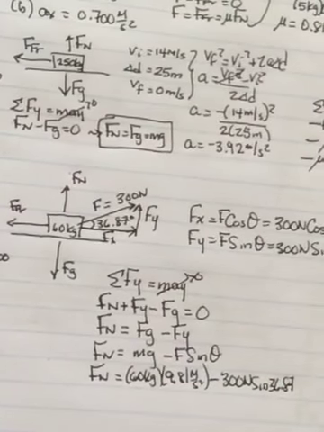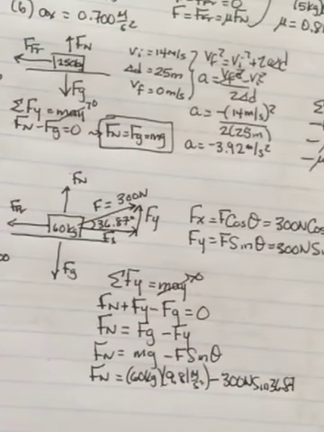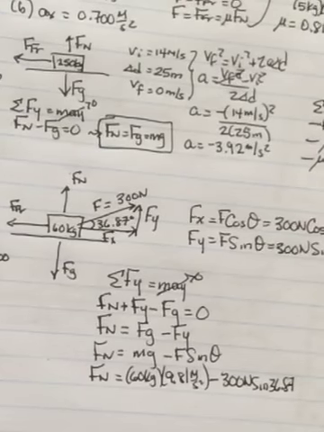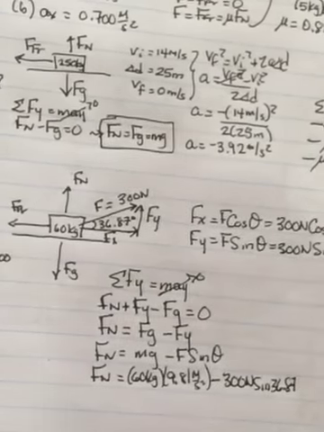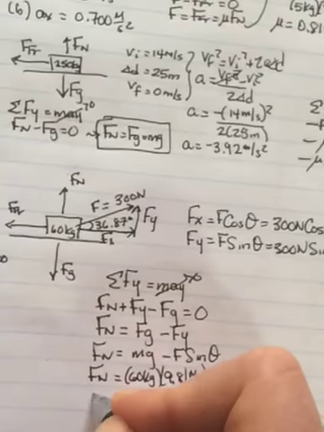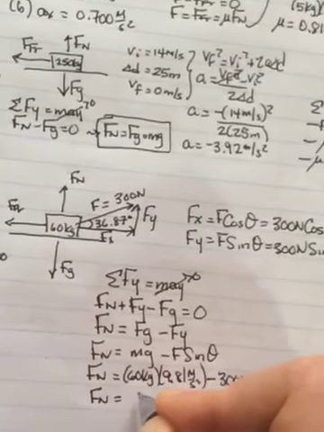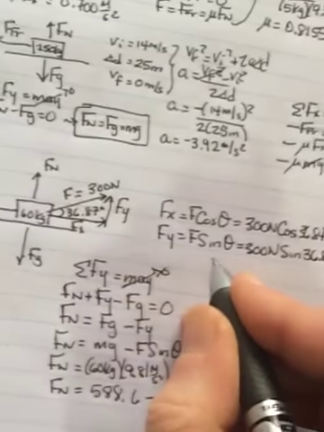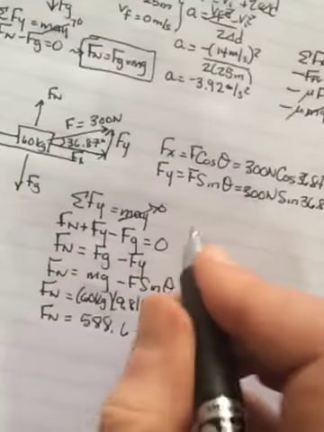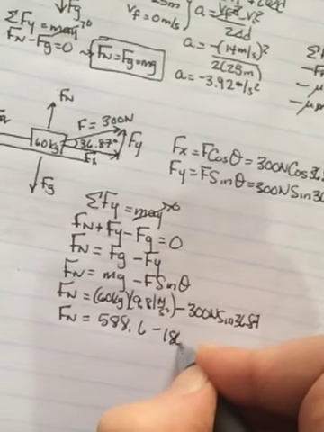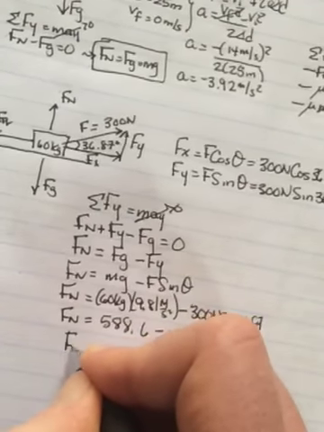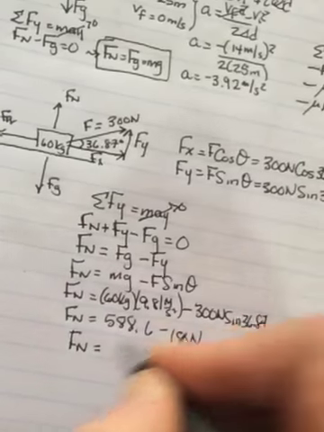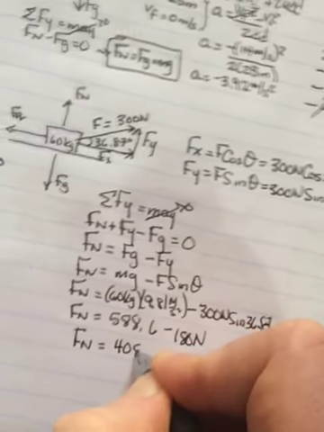So 60 kilograms times 9.81, what is that, 588.6, I think? So 588.6 newtons minus, and we had already found this, it was 180. And so you get 408.6.